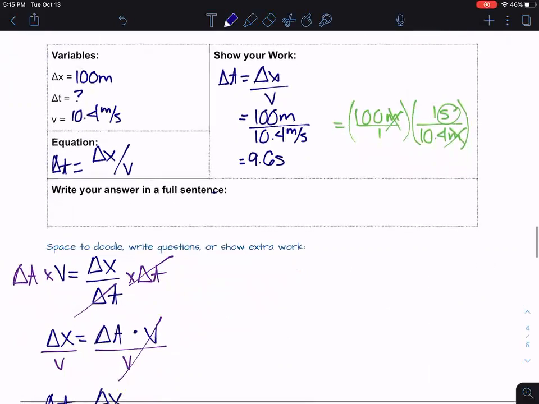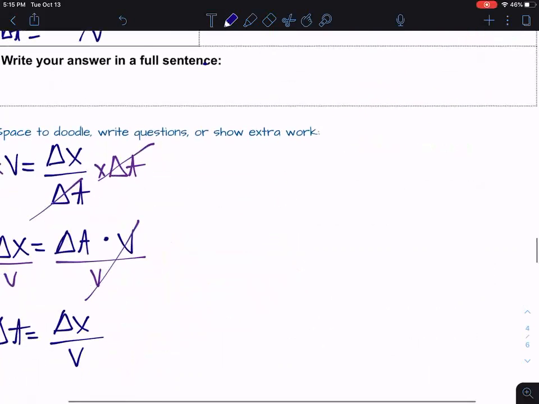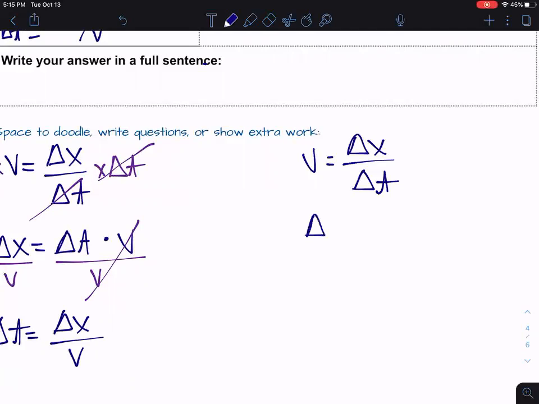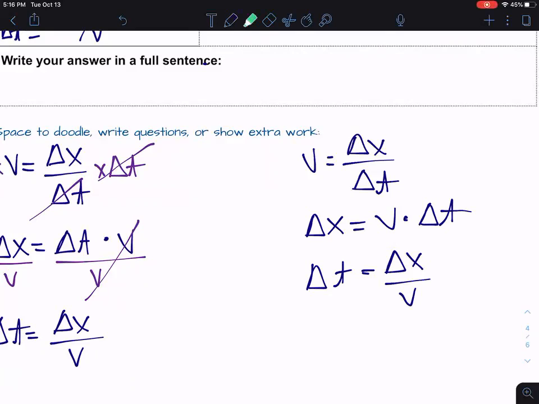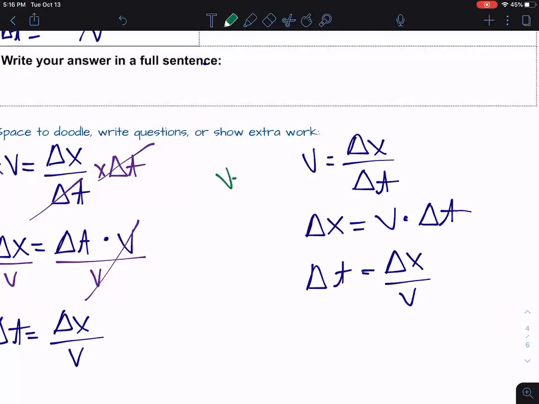Okay. I want to write these 3 equations for you just a little bit neater so you have them to pull from. And again, when you're reading your problem, pick the one where the variable you're looking for is on the left-hand side. So we have V equals delta X over delta T. We have delta X equals V times delta T. And we have delta T equals delta X over V. So if I'm looking for velocity, I use this one.